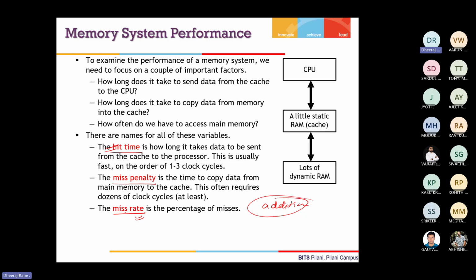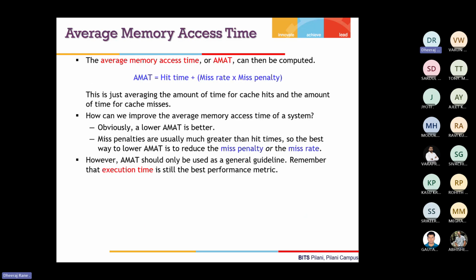Simple mathematics. So if you have to calculate the average memory access time, this is what I was talking about when Ravi, you were having the question, that ultimately I just have to ensure that this average memory access time is lesser than if I would have accessed the memory directly.